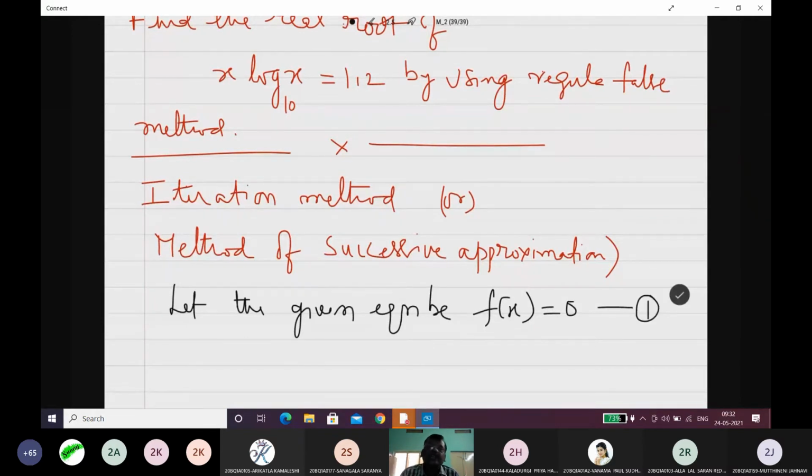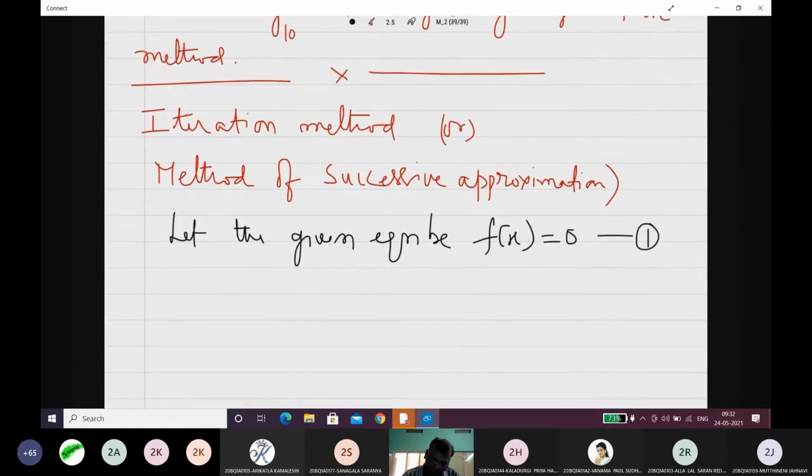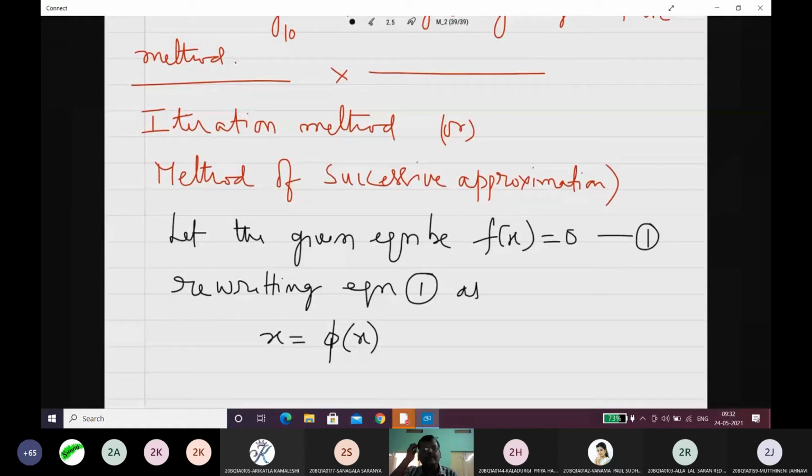Now we are going to rewrite this equation f of x is equal to 0 into the form x is equal to phi of x. Rewriting 1 as x is equal to phi of x. This is the equation.